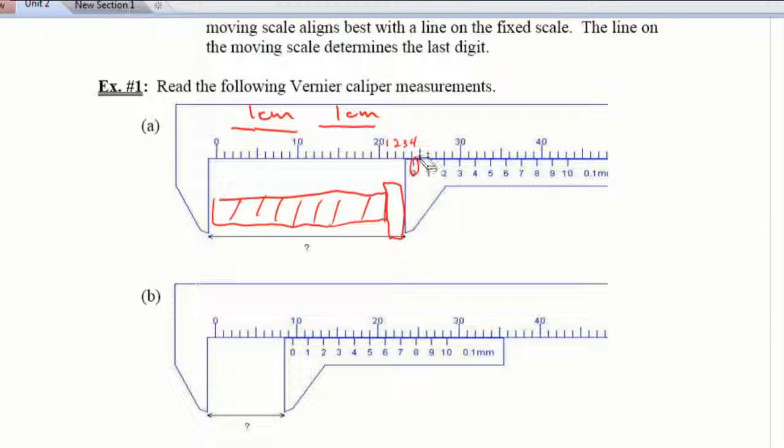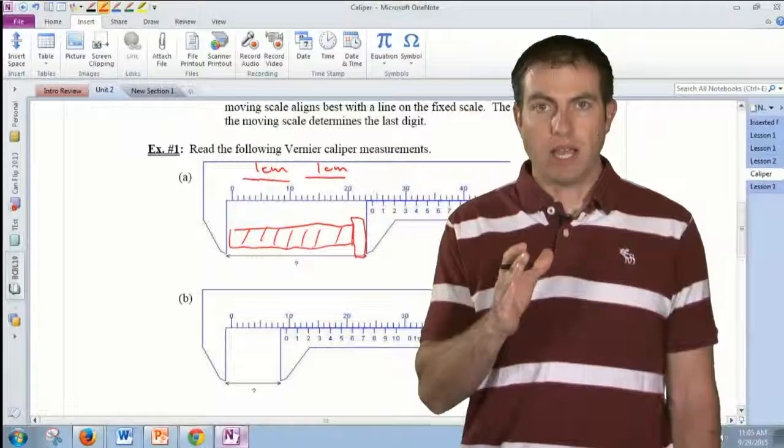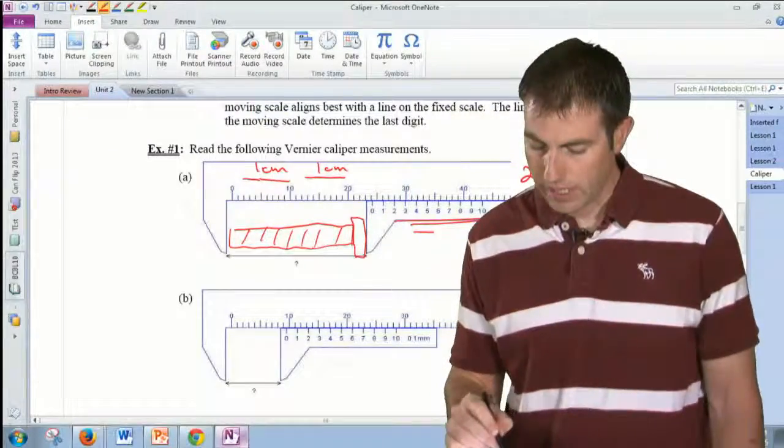So what am I starting with? Well, I have 24 millimeters to start. Once I've established where the 0 falls on the scale, I need to go to the very small scale down here, the stuff at the bottom.